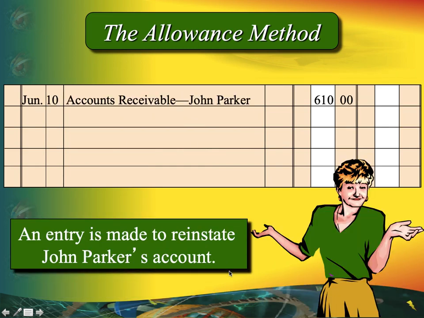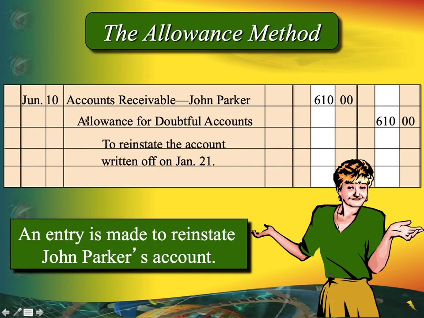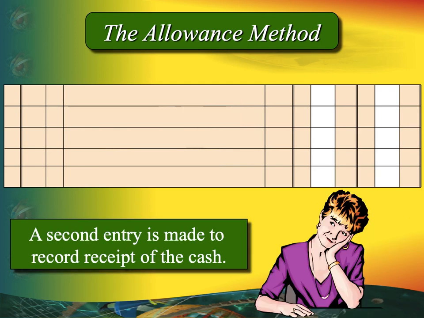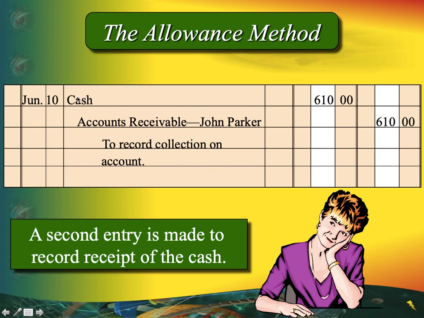So we flip the journal: accounts receivable to allowance for doubtful accounts. After he pays us, we can create the journal: cash debit and credit accounts receivable. Okay. We will discuss it again. If you still have any question, we can discuss it in the assignment.